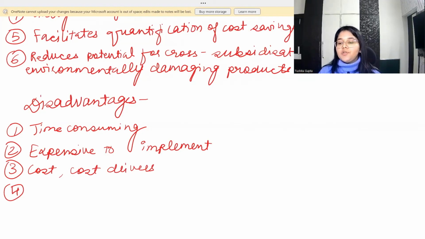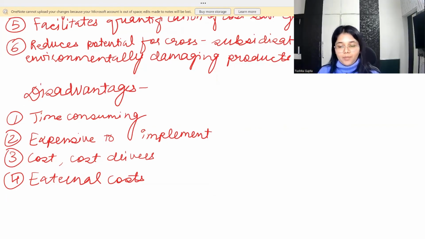Another disadvantage that you can mention over here is that external costs cannot be experienced by the company. So, the external costs which are borne by the public in general, perhaps the company has polluted the environment. So, the people are eventually going to breathe polluted air. So, these are some of the costs which will never be experienced by the company.